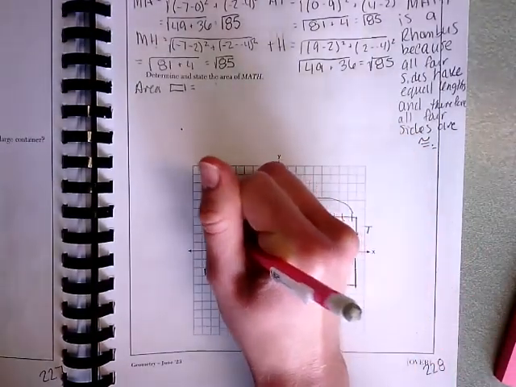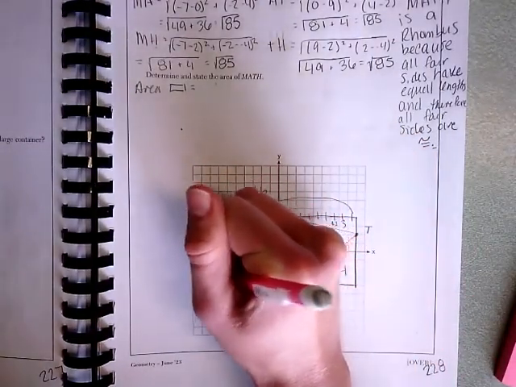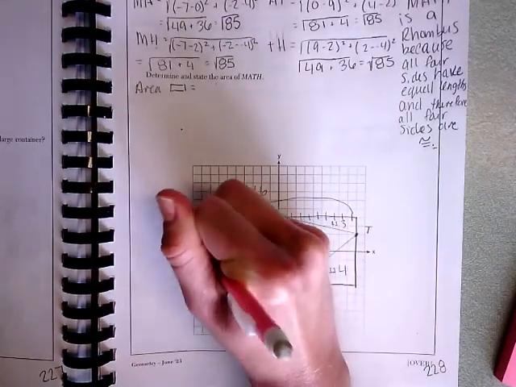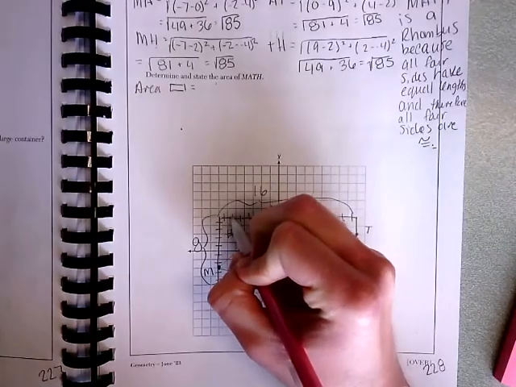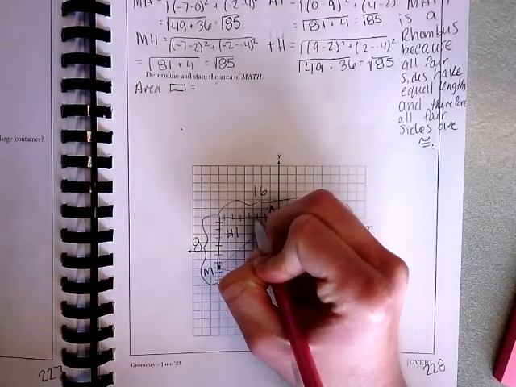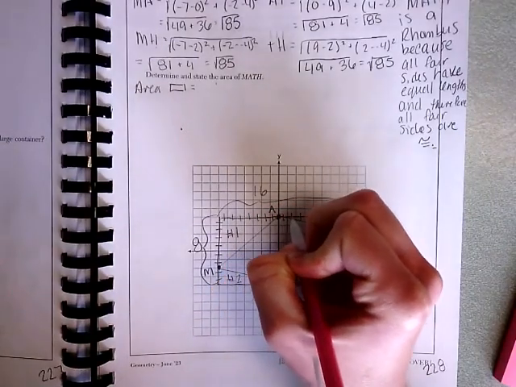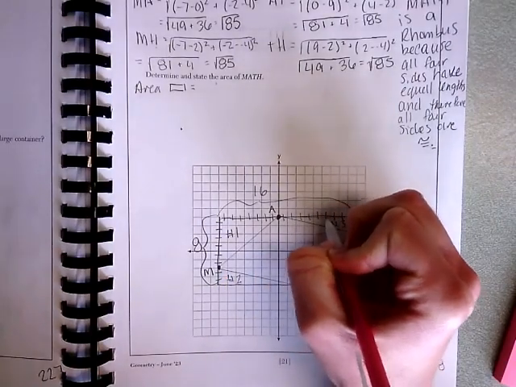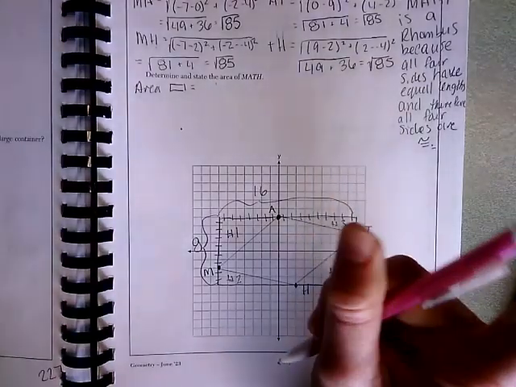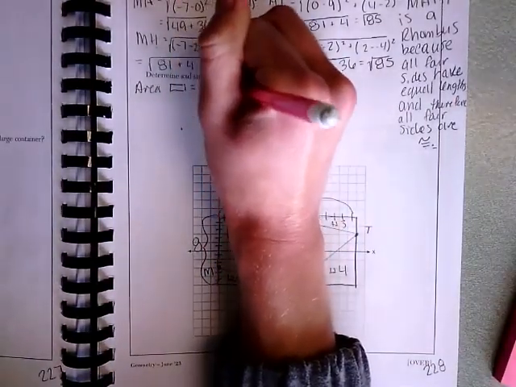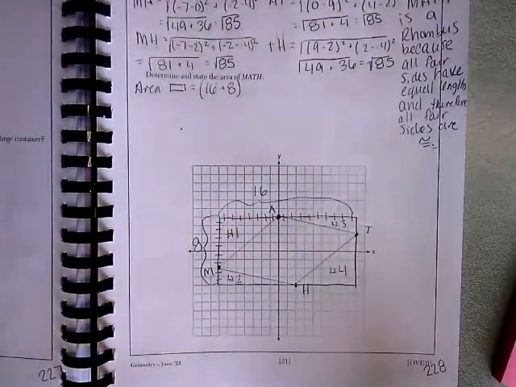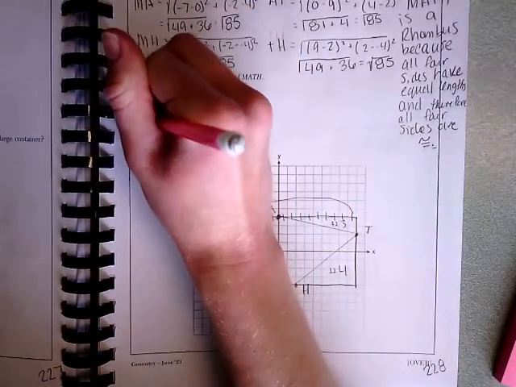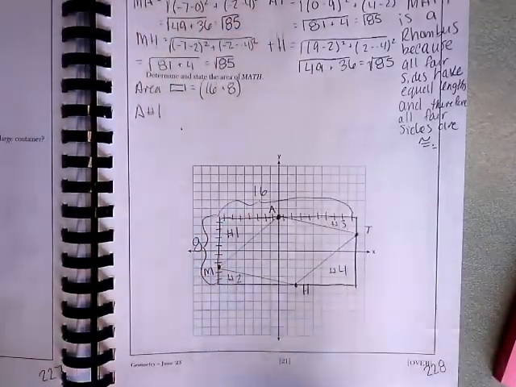This one is 1, 2, 3, 4, 5, 6, 7, 8. Just double check. Okay, so 16 times 8.